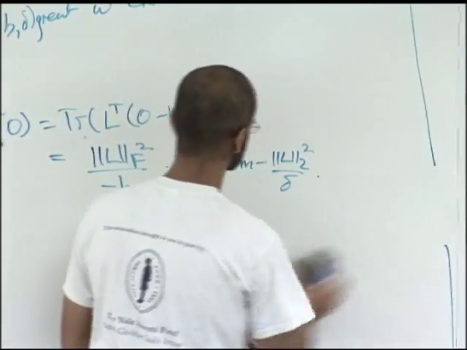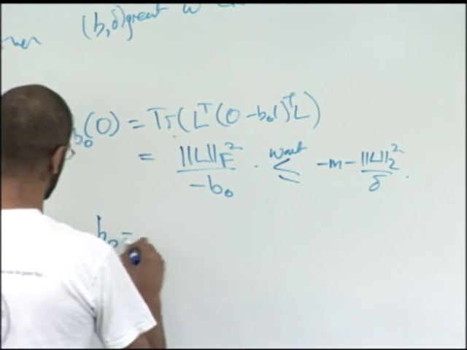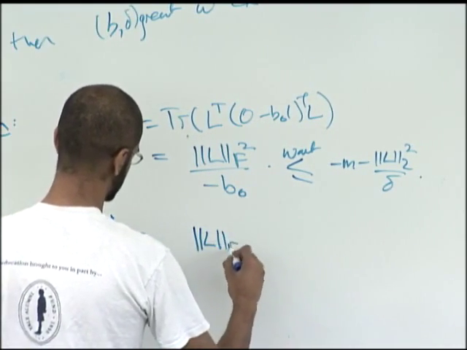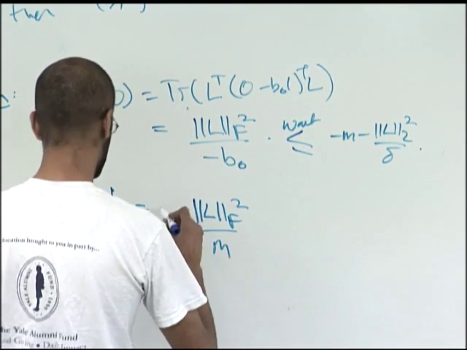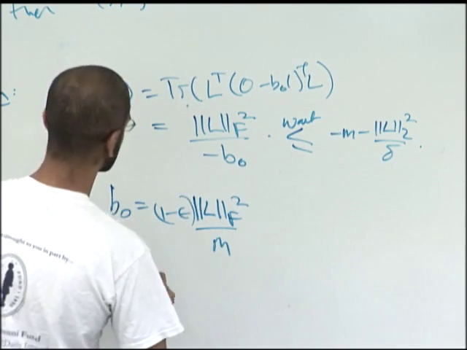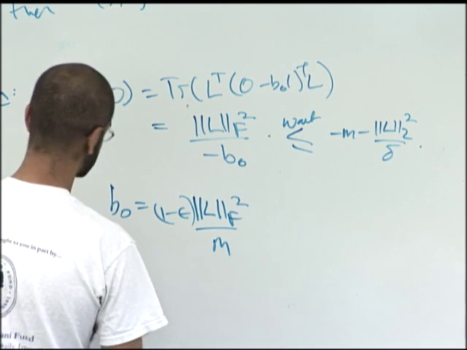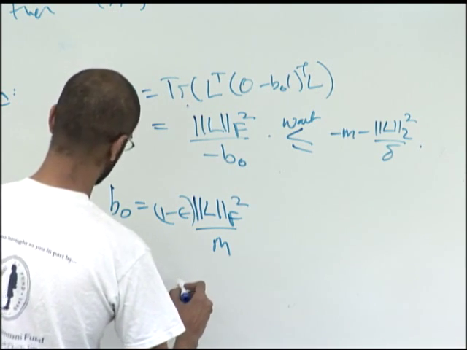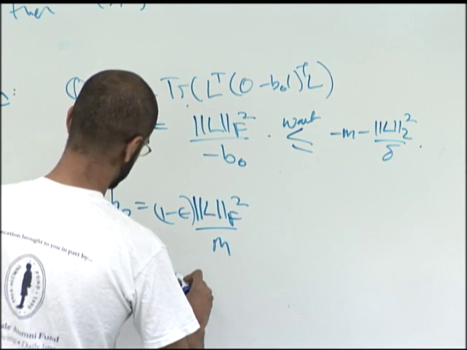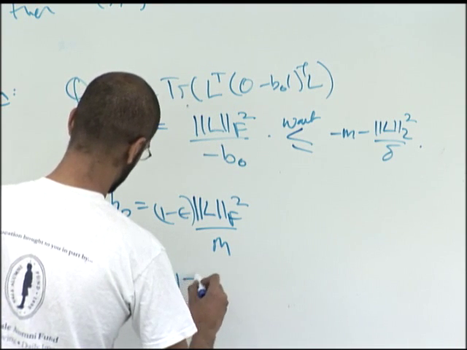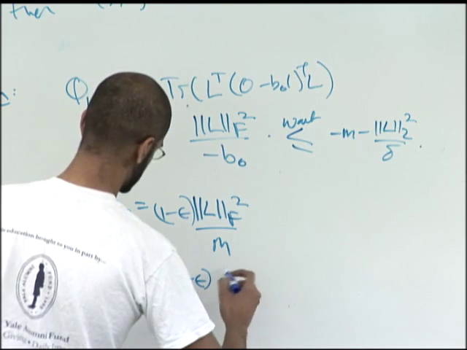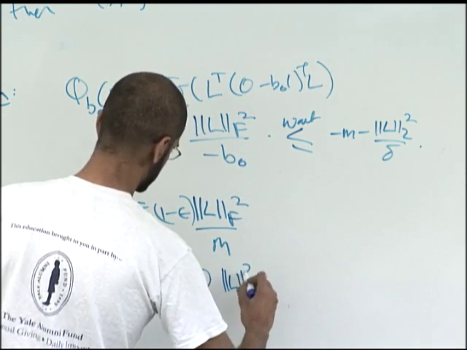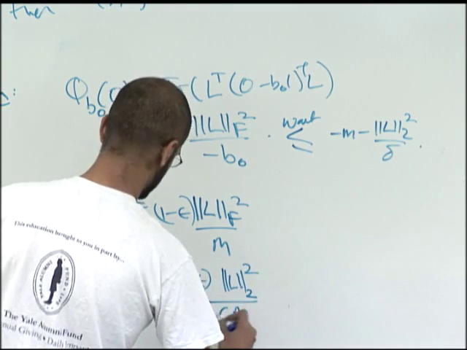You set B naught equal to the Frobenius norm squared over m, times 1 minus epsilon. You set delta to be equal to 1 minus epsilon times the 2 norm squared divided by epsilon m.